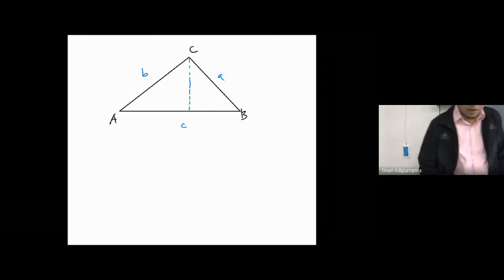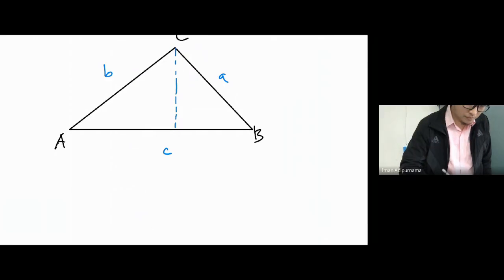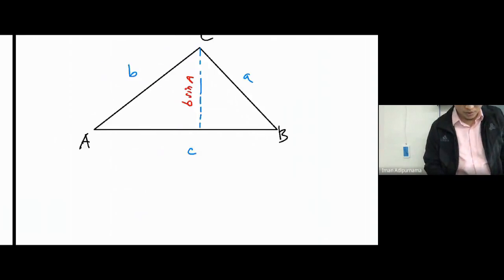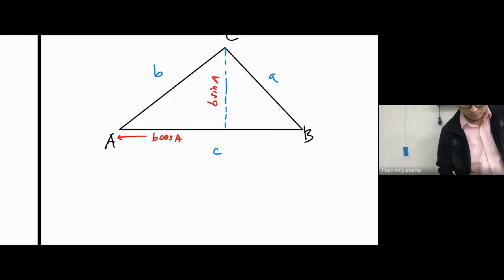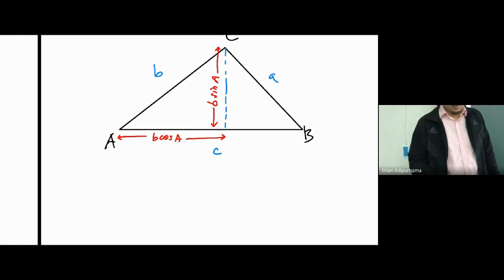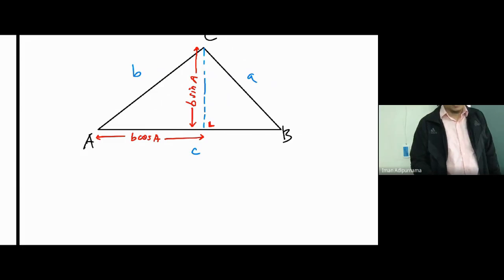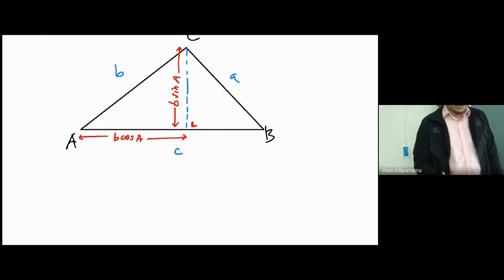Let me write. This is b sine A, as we previously mentioned, and this side will be b cosine A, right? This is 90 degrees.